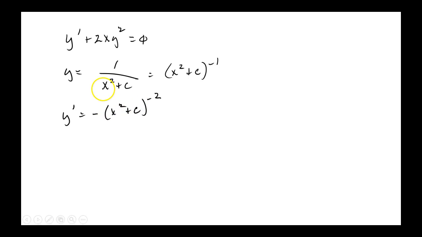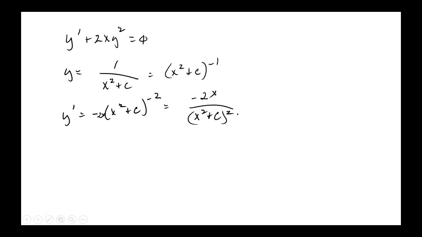But then we got a chain rule, which is times the derivative of the inside, 2x. So I'm going to put the 2x out here. Okay, so I'm going to rewrite this now back in the form we had before. It would be a minus 2x over x squared plus c squared.